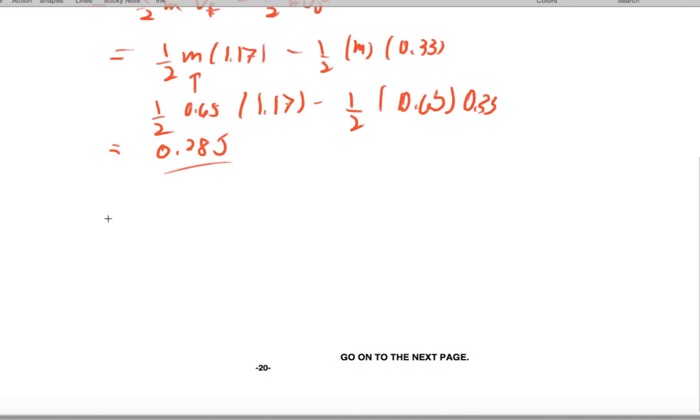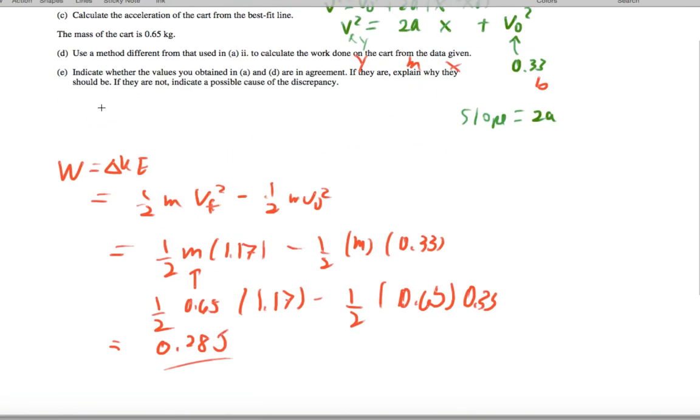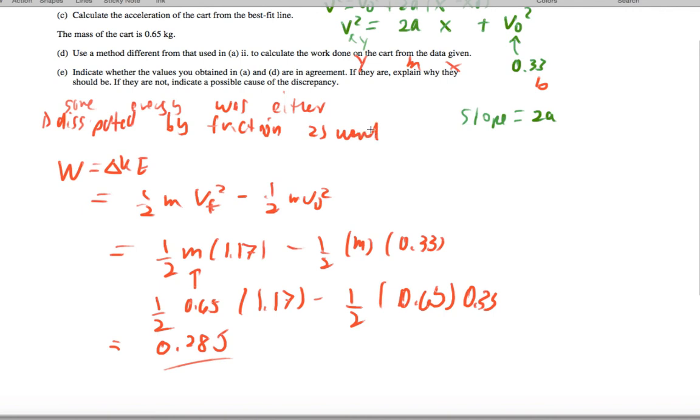I would argue that if we want an explanation of why there's this discrepancy, I would say some energy was either one, dissipated by friction, or two, went into the wheel of the pulley.